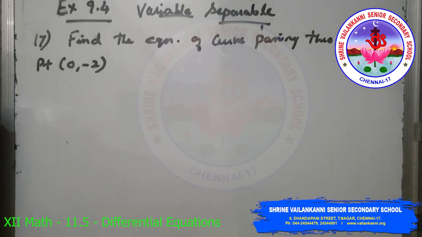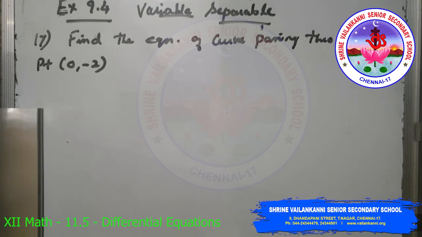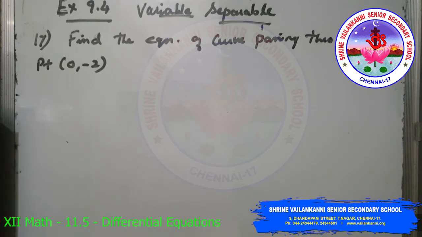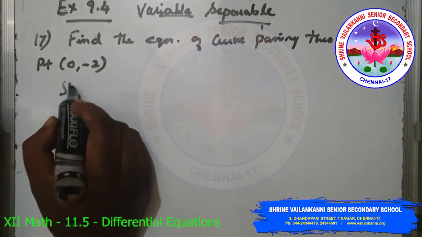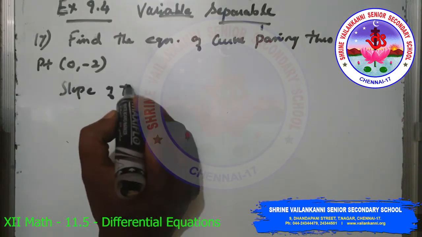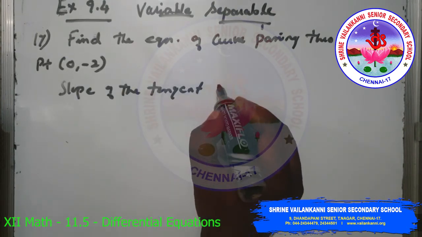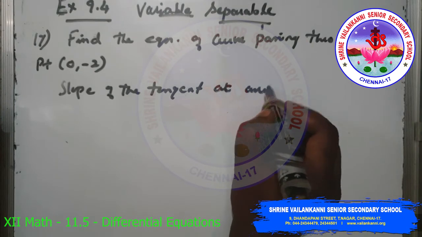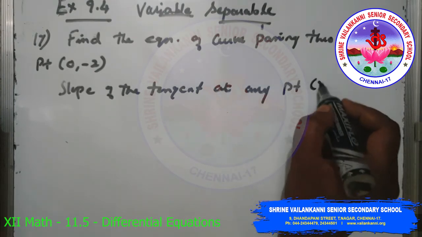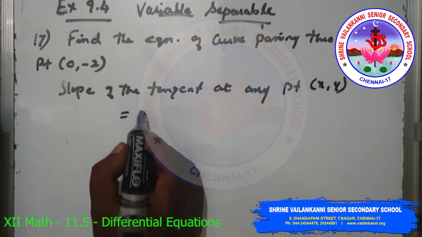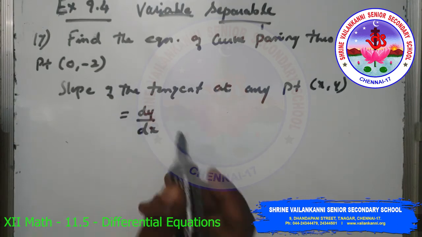17th question, find the equation of a curve passing through the point 0 comma minus 2 given that at any point x comma y on the curve. So the slope of the tangent to the curve at any point x comma y, which is dy by dx.